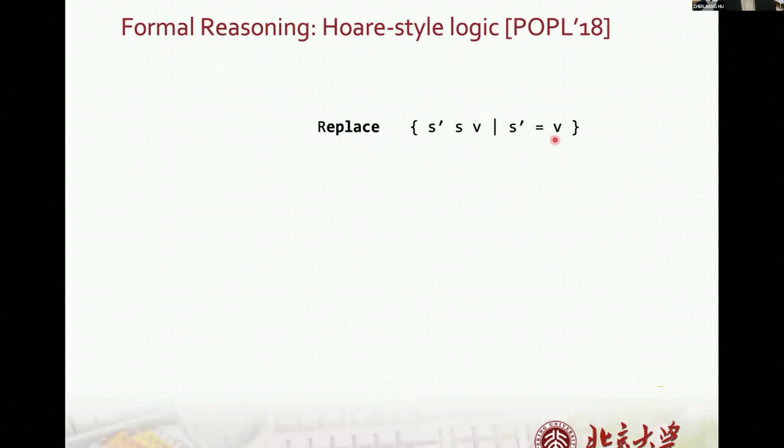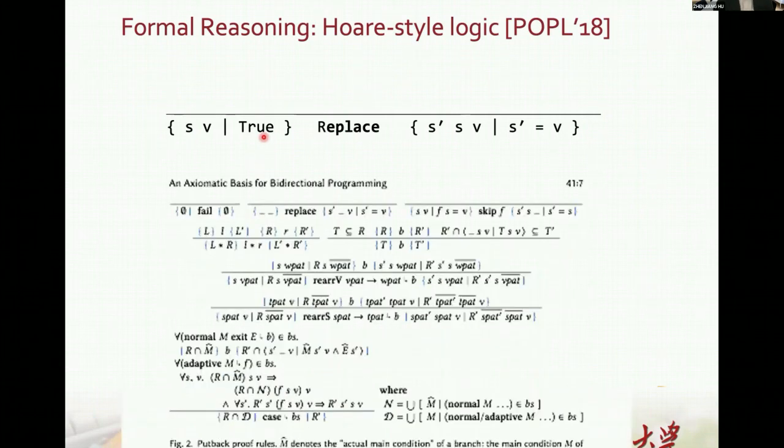This is the postcondition after the replacement has been done. And the precondition is that for the original source and view, I don't care. It could be anything, so it's true. So you build up this kind of rules, precondition and postcondition, and you can construct them for other constructors, such as fail, skip, and case product, and then you can do reasoning.